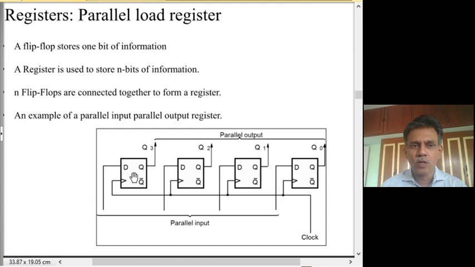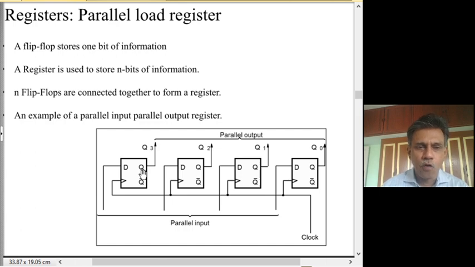The bit to be stored is what you have to feed. And if you want to read the bit, you have to just take it from the Q output of the flip-flop. So there is a direct correspondence between what gets stored and what comes out when you use a D flip-flop as against a T, or if you try to realize it using a T or JK flip-flop. So a D flip-flop is the ideal one to store bits.